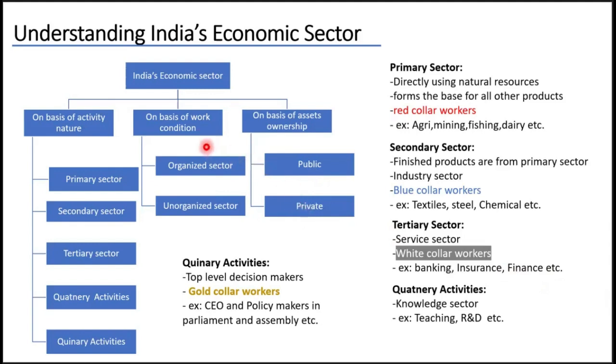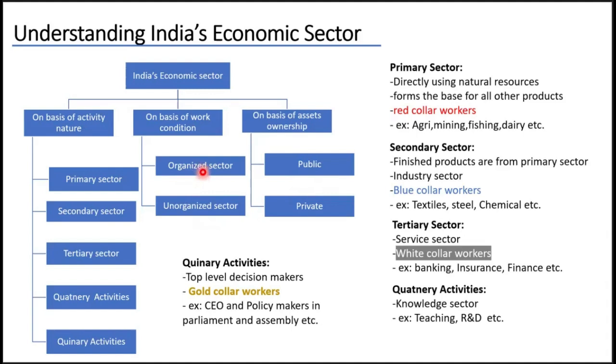Next, coming to the basis of work condition, we have organized sector and unorganized sector under basis of work condition. Organized sector, if the companies are following company laws, compliances as directed by the government of India, those are under organized sector.